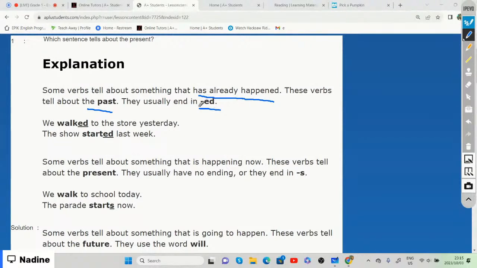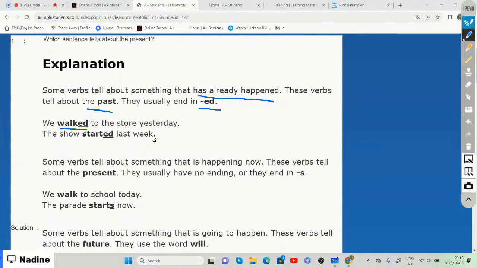For example, we walked to the store yesterday. It is something that happened already. So yesterday, remember, is in the past. Anything that happened yesterday, two days ago, last year, or last month is something that happened in the past.